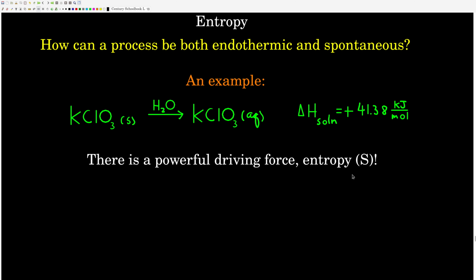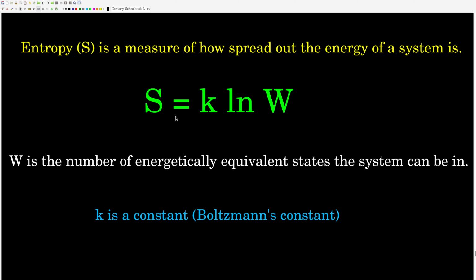The symbol for this property, entropy, is just capital S. The definition: entropy is equal to some constant k, called Boltzmann's constant, times the natural log, ln, of omega, or W, which stands for the number of energetically equivalent states the system can be in.